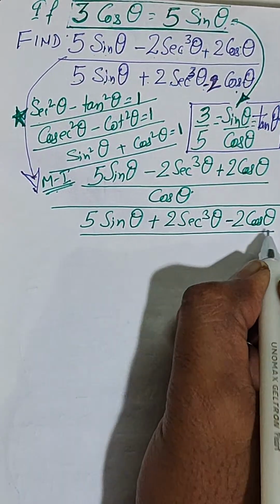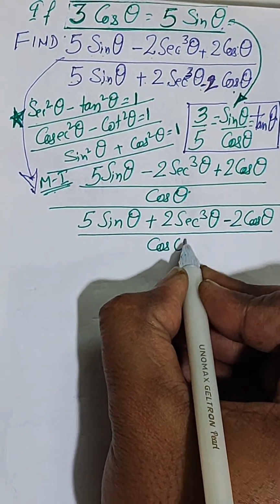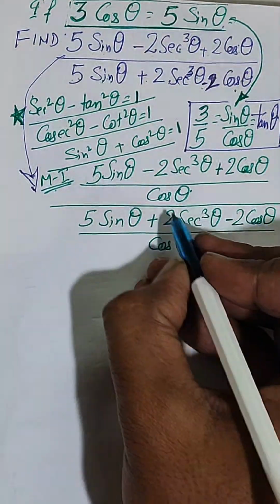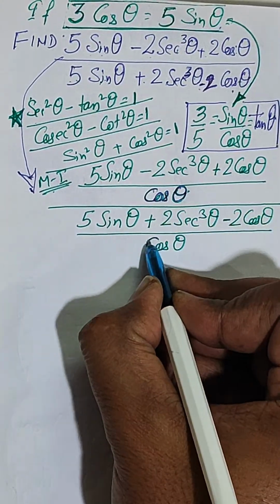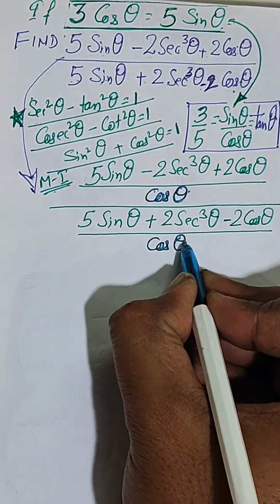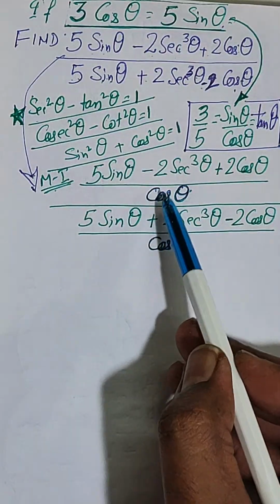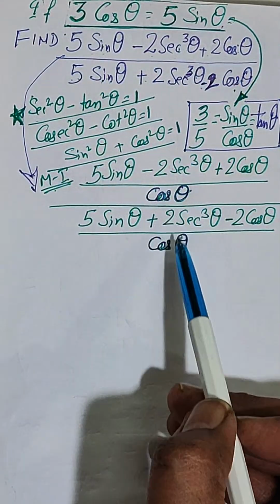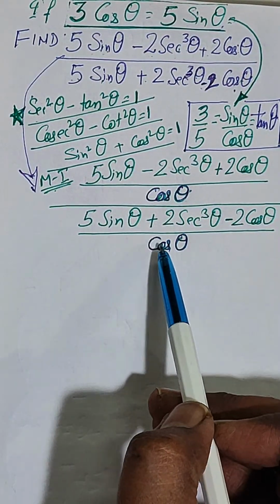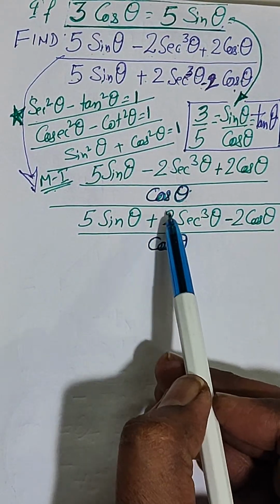Again divide this denominator also by cos theta. The reason behind it: if cos theta is dividing the numerator and cos theta is dividing the denominator, then the ultimate identity remains the same, but we will take the benefit of division by cos theta over here.